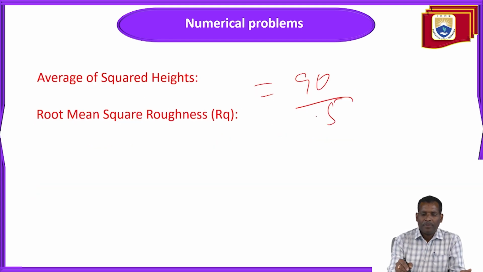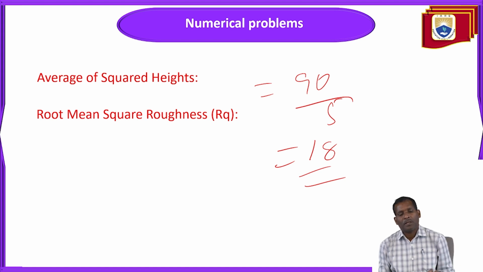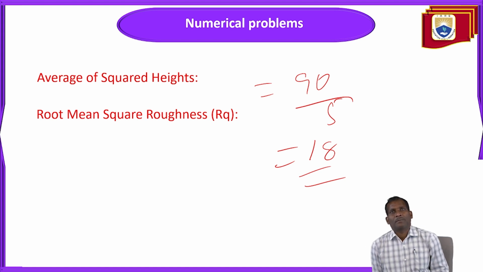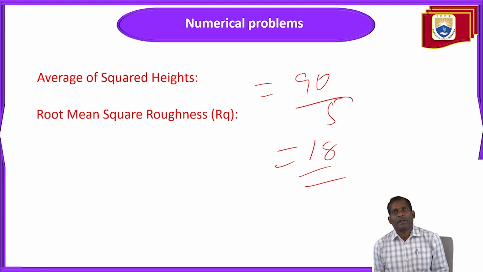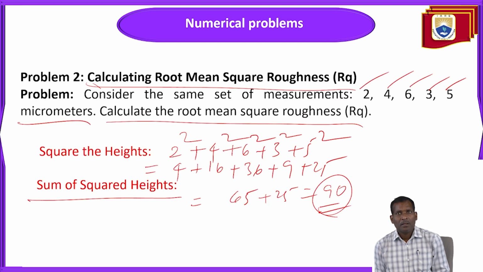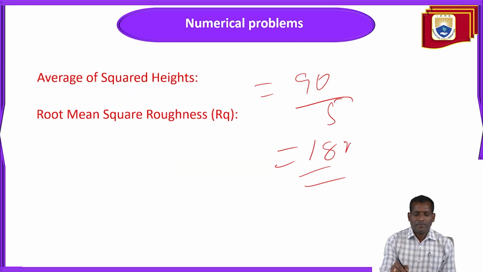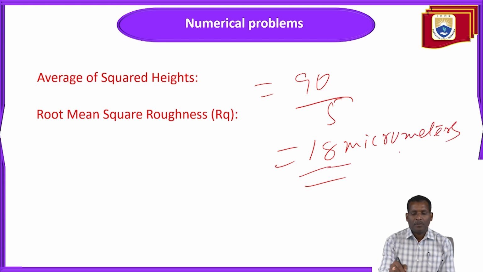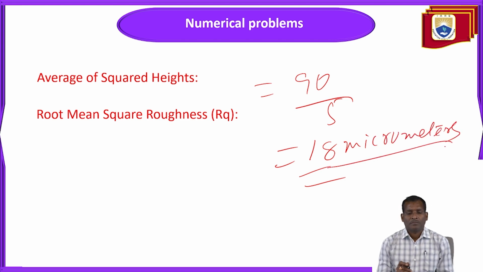So 90 by 5 is 18. The average of squared heights gives 18 micrometers squared.